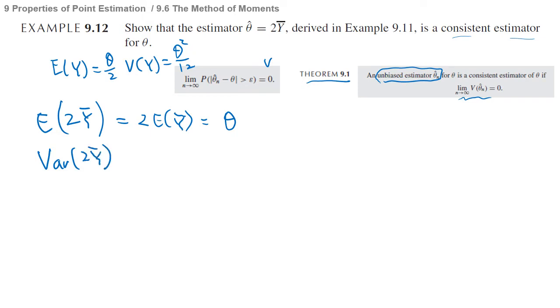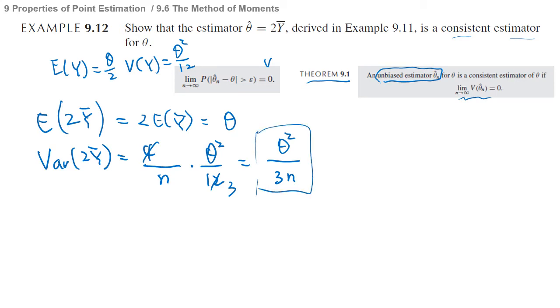And what's next? For the variance of 2y bar, this is 4 times n over 12 times theta squared over 12, and so this is theta squared over 3n. And as we can see, this goes to 0 as n goes to infinity.